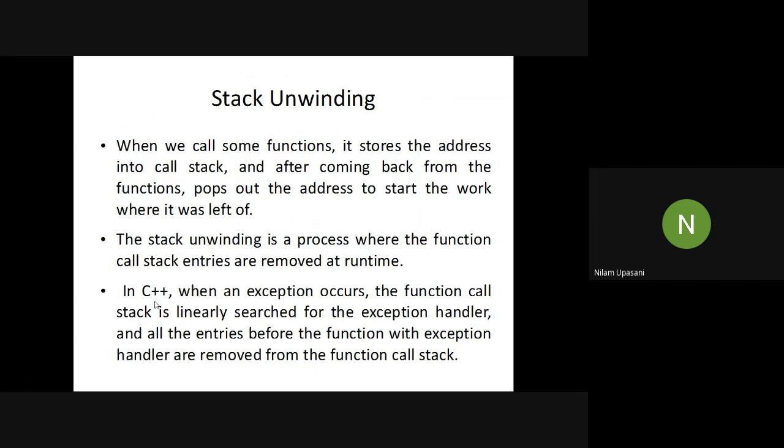In C++, when an exception occurs, the function call stack is linearly searched for the exception handler. In case of any throw statement or exception, it will search for the exception handler. And all the entries before the function with the exception handler are removed from the function call stack. Now, how does it happen? Let us understand it with the help of one example.